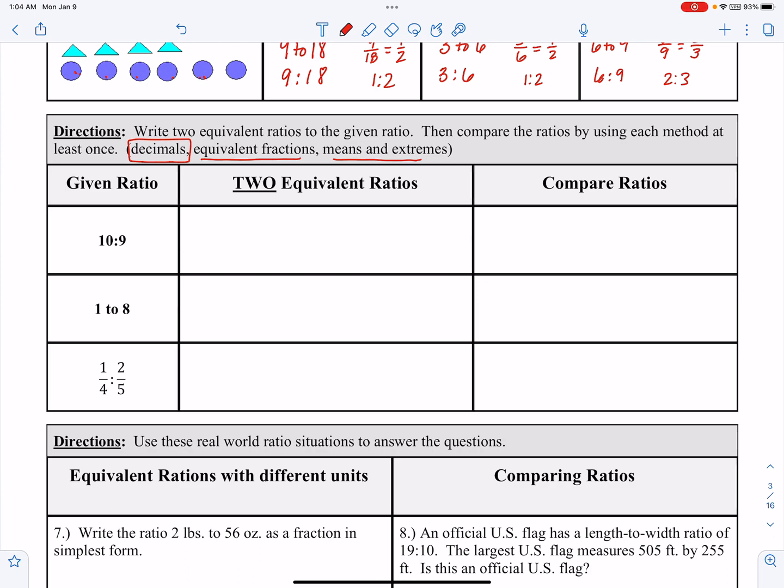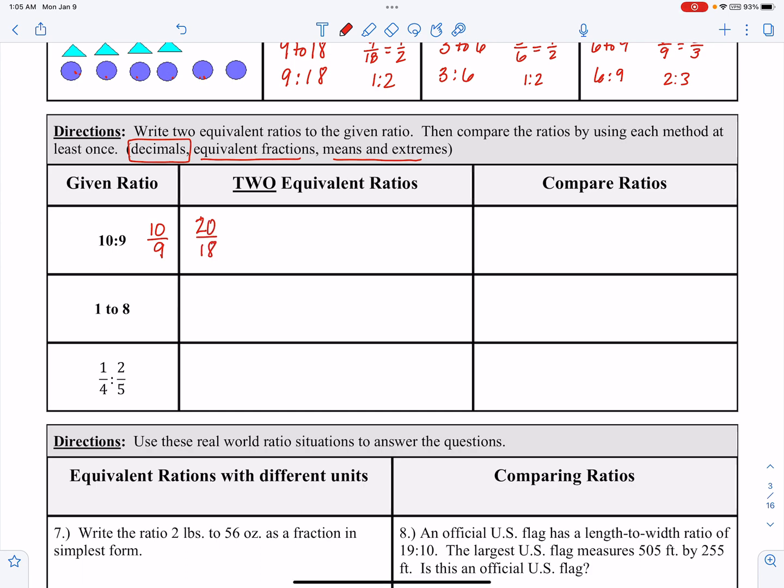First, I'm going to do the fraction method. We'll write the ratio of 10 to 9 as a fraction, and write it like that. Then I can just multiply by 2 over 2, and I get 20/18.